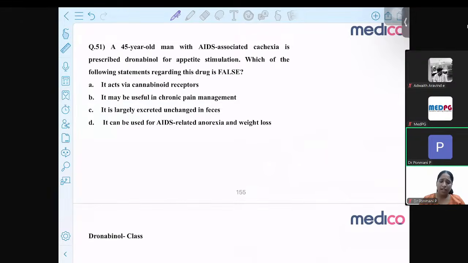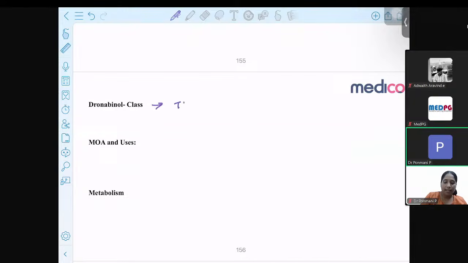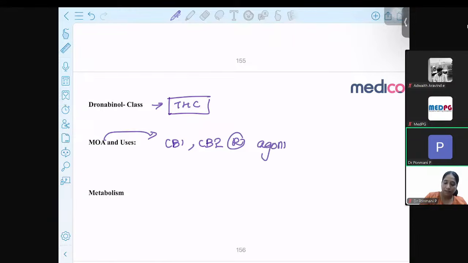Now going into the next question: a 45-year-old man with AIDS-related cachexia is prescribed dronabinol for appetite stimulation. Which of the following is false? First we want to know what dronabinol is. Dronabinol comes under the tetrahydrocannabinol family. How does it act? It acts as a CB1 and CB2 receptor agonist.